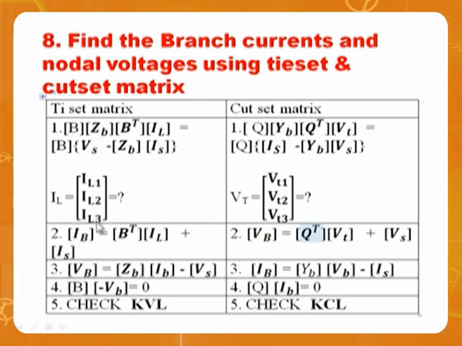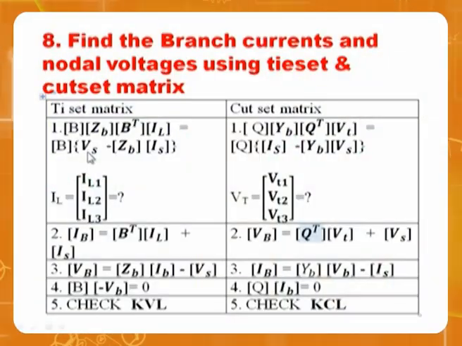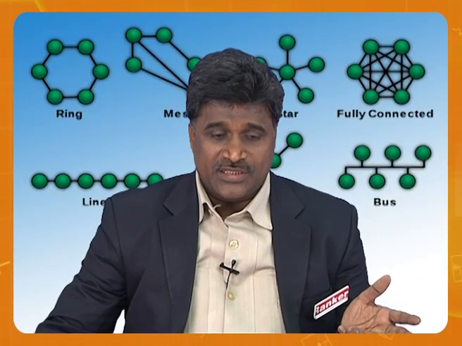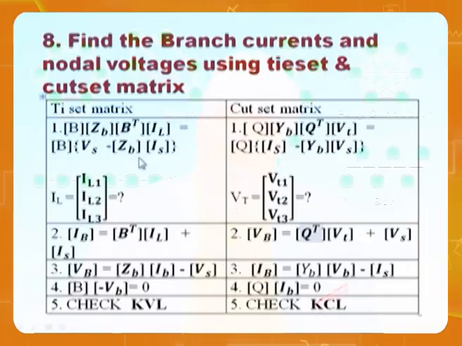So from this matrix, we will be calculating loop currents. After getting the loop currents, that means IL from here, you know B is already done, tie-set matrix, ZB impedance matrix, then Vs source matrix, Is current source matrix. Actually, in this problem that I have taken for illustration, this becomes 0 because Is is 0.